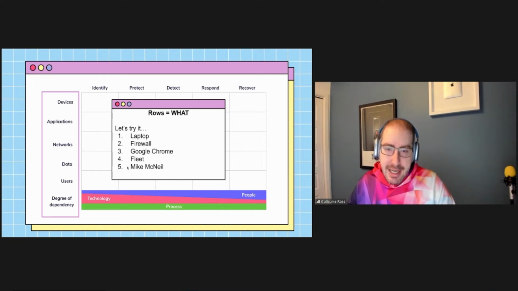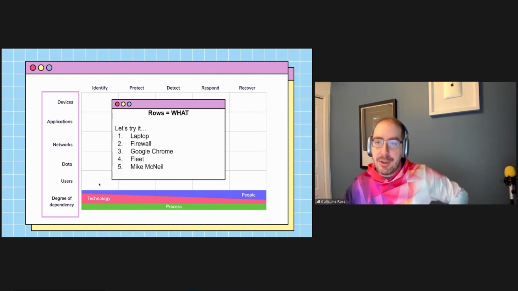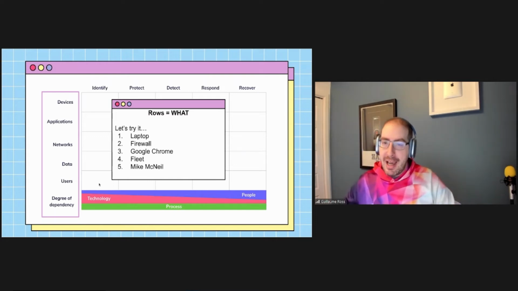So that covers Fleet. And then if we have someone like Mike McNeil, well, he's definitely a user, right? And so the technologies to protect users are very different than what you do to protect the devices. And I say technologies, it doesn't necessarily need to be tech, right? For example, identify users, that would be your directory. Like we use Google, we have a directory in Google that's totally identify users.